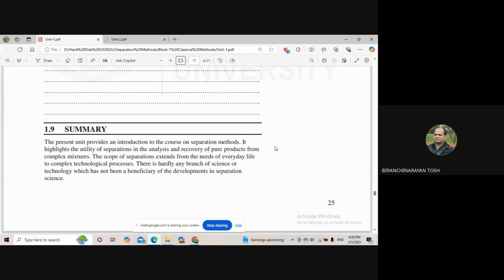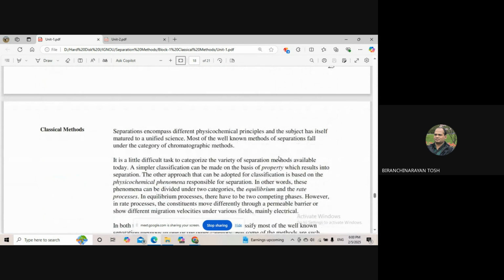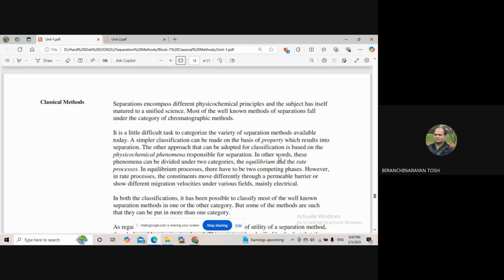There is hardly any branch of science or technology which has not been a beneficiary of the development in separation science. So, separations encompass different physicochemical principles, and the subject has itself matured to a unified science.